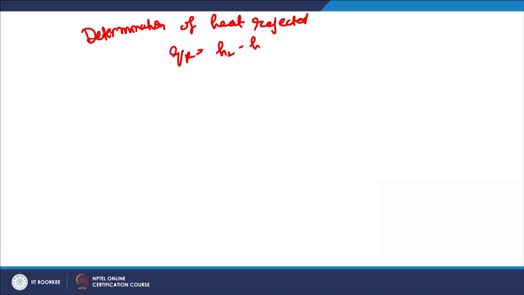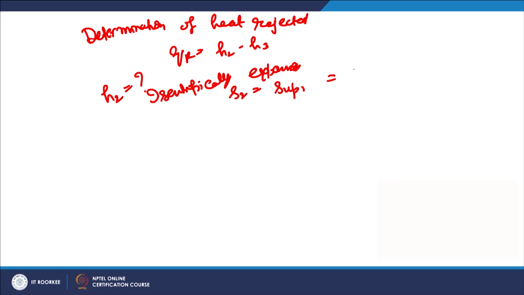So determination of heat rejected, QR is equal to H2 minus H3. So we need to find out the H2. So isentropically expansion, so therefore S2 is equal to S1, and that is 6.768.